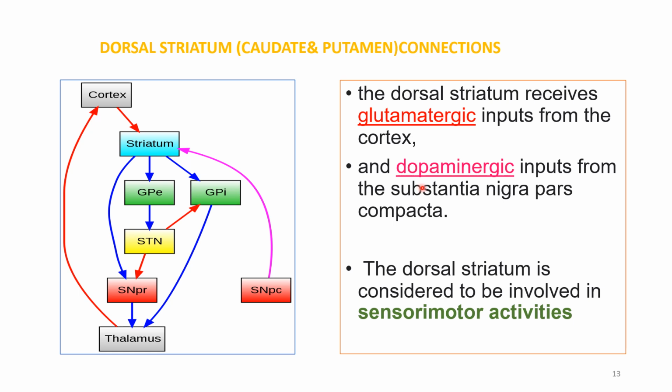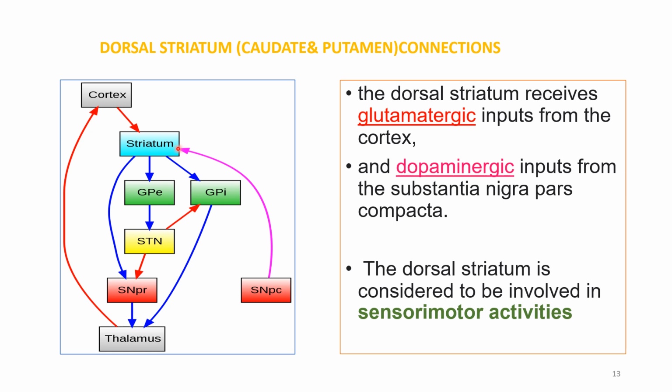And it receives dopaminergic inputs from the substantia nigra pars compacta. Substantia nigra is divided into two parts: pars reticulata and pars compacta. So from the pars compacta it receives dopaminergic inputs.